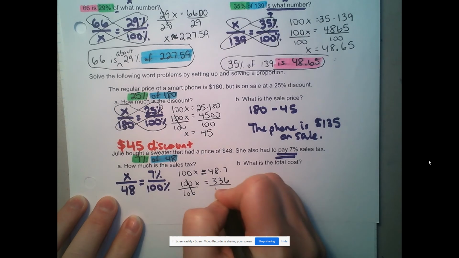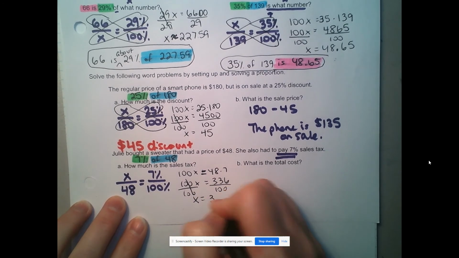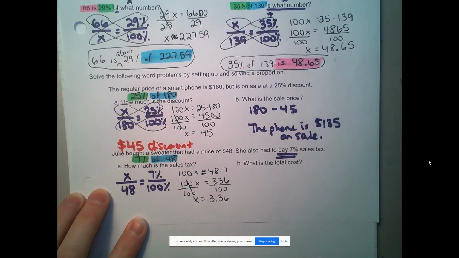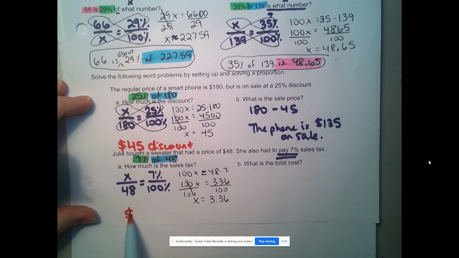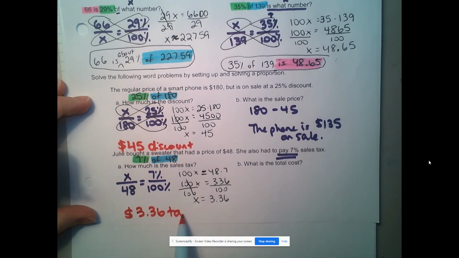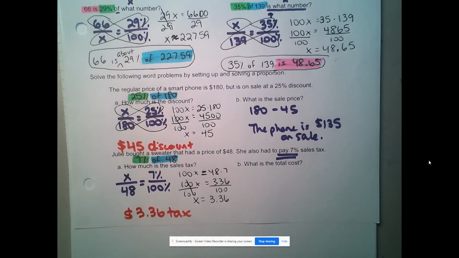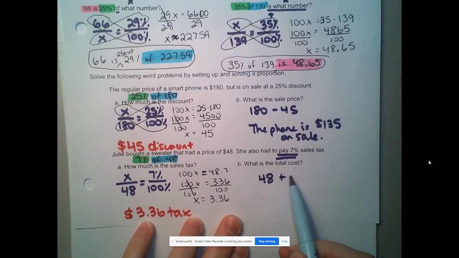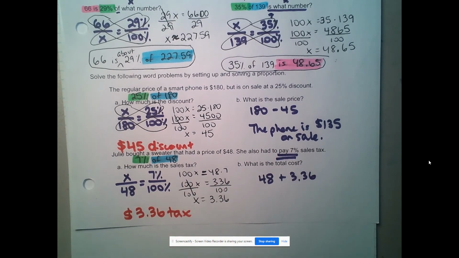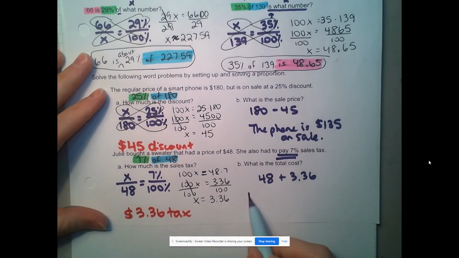Divide both sides by 100. X equals 3.36. Now that's $3.36 that we're going to have to pay in tax. Right? So we have to pay the $48 for the sweater, and on top of that, an extra $3.36 tax. So over here, I'm going to say $48 plus $3.36. That's how I'm going to get my final price. And I would say the total for the sweater is $51.36.